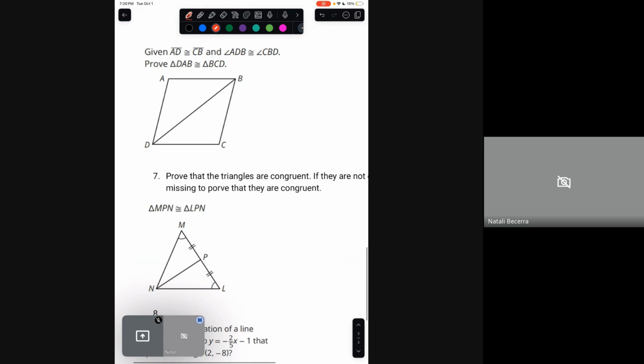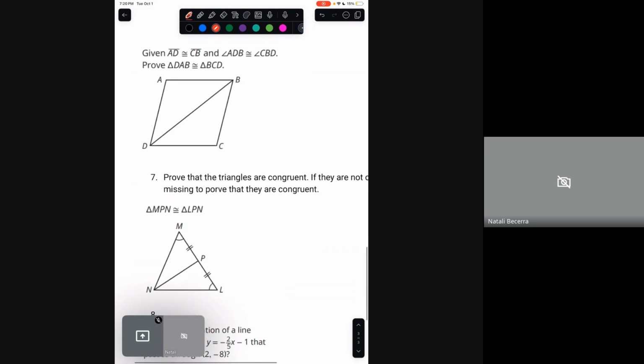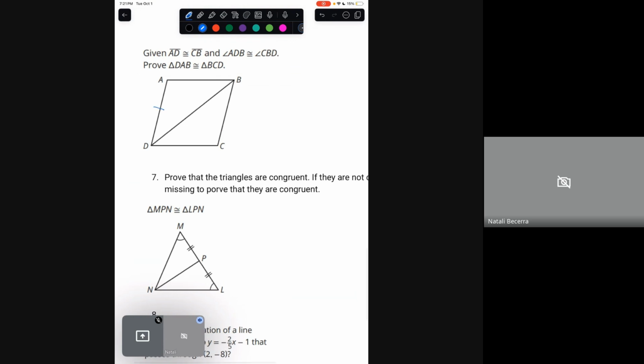All right, number 6. Given AD is congruent to CB, and angle ADB is congruent to angle CBD, prove that triangle DAB is congruent to triangle BCD.